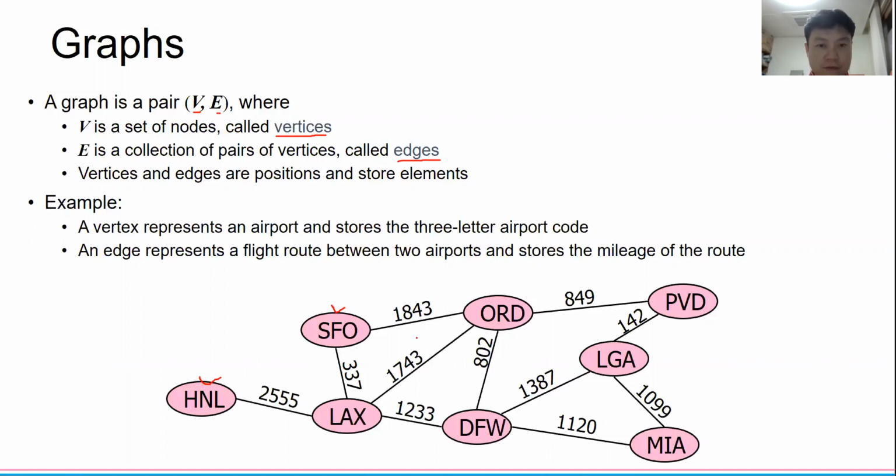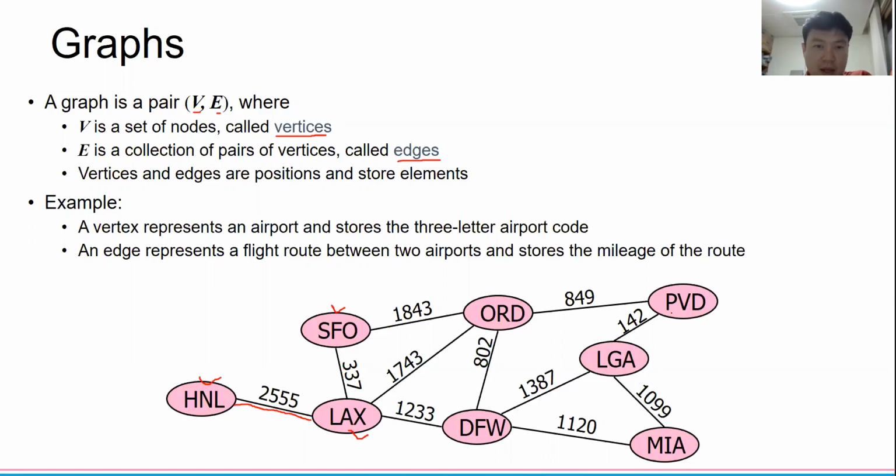The vertices are SFO, HNL, LAX. What about the edges? The edges are the connections between two of them. This is an example about airports in the US. We have Honolulu, LAX is Los Angeles, SFO is San Francisco, DFW I think is Dallas, and ORD is Chicago O'Hare, and so on.